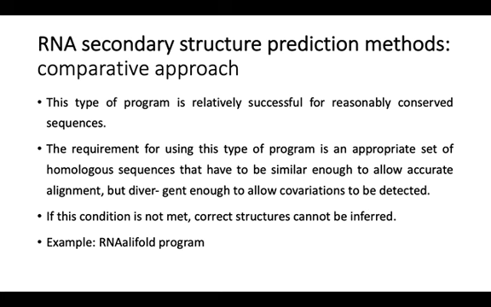The requirement for using this type of program is an appropriate set of homologous sequences that have to be similar enough to allow accurate alignment, but divergent enough to allow covariation to be detected. So they should be similar, but they should be divergent as well, so that the concept of covariation can be applied. If this condition is not met, correct structures cannot be inferred.